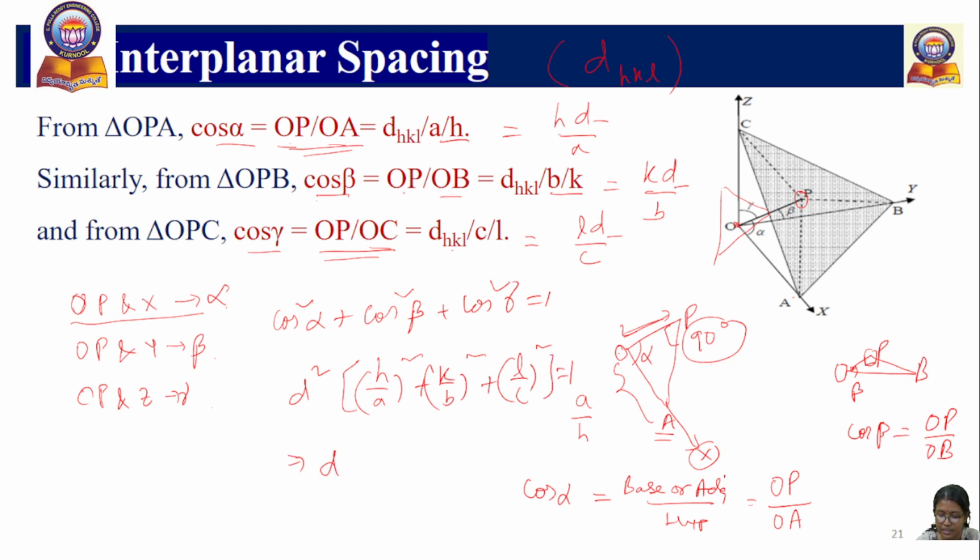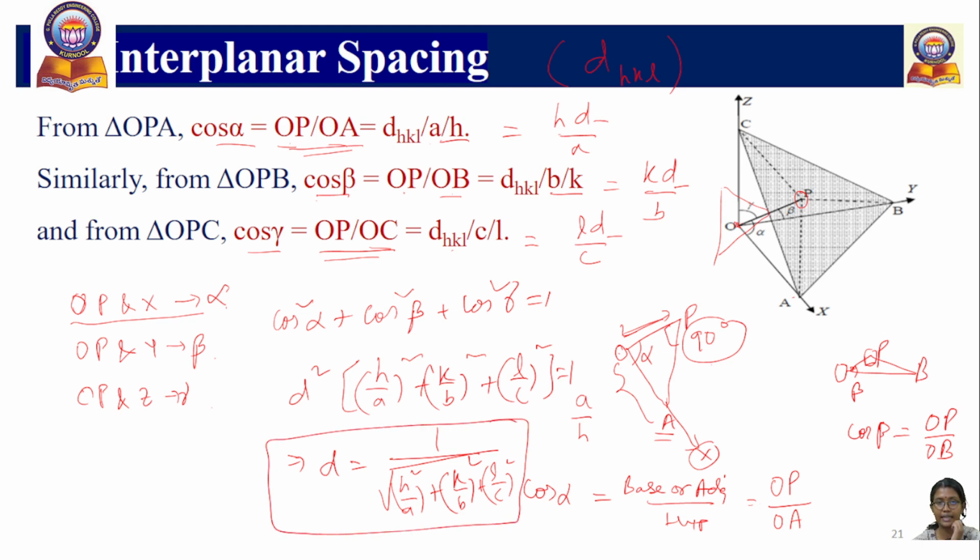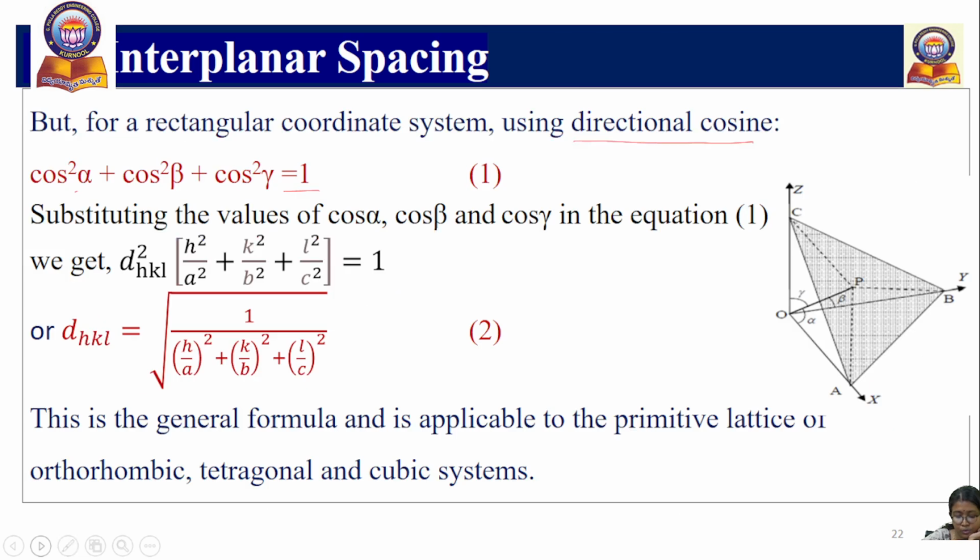So d equals 1 by root of h by a whole square plus k by b whole square plus l by c whole square. So this is the value of d, by using the law of direction cosines. This is the general formula.